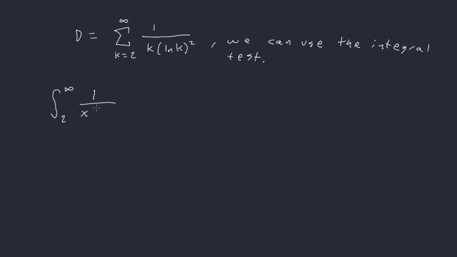So we're going to look at the integral of 1 over x times the natural log of x, all squared, dx. All right, and here it's a 1 over u squared case, so we could think of this as a u to the negative 2. So I'm going to do a quick u substitution.